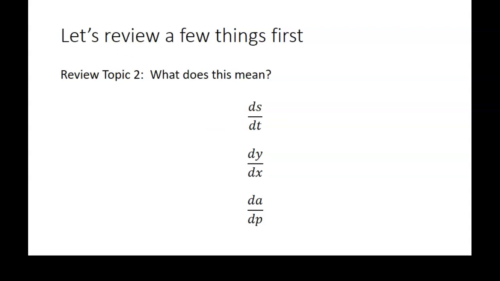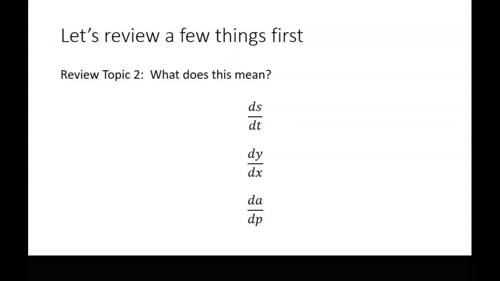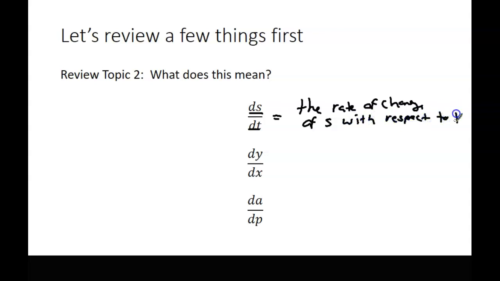Got to remember what this stuff means. What does this mean? This means this is the derivative of s with respect to t. Okay, and what that means is the rate of change of s with respect to t.